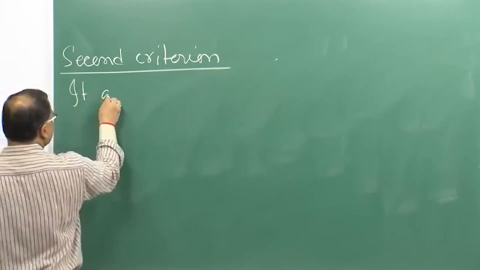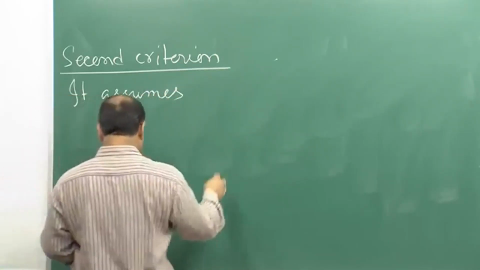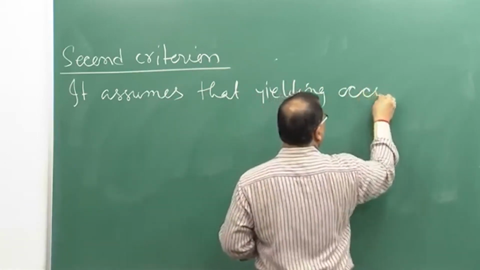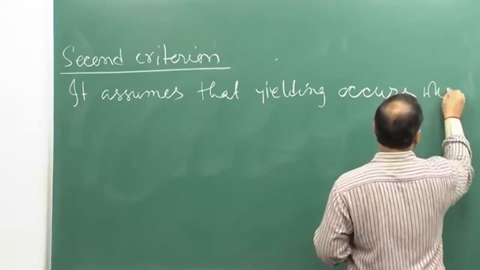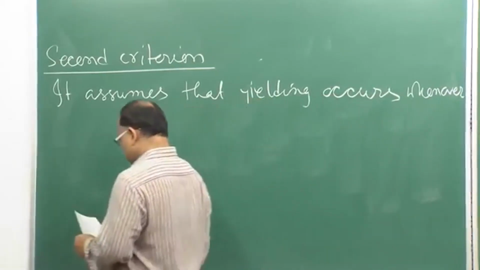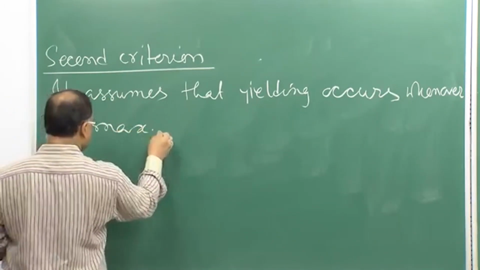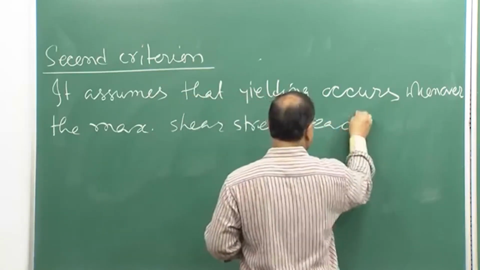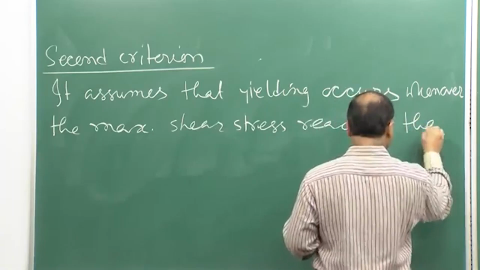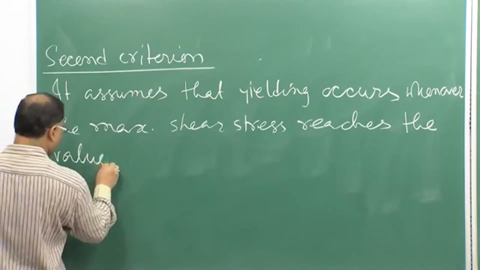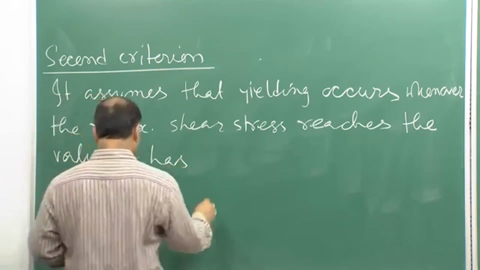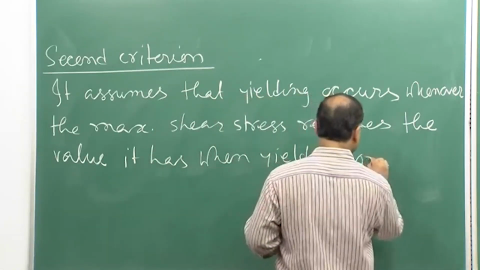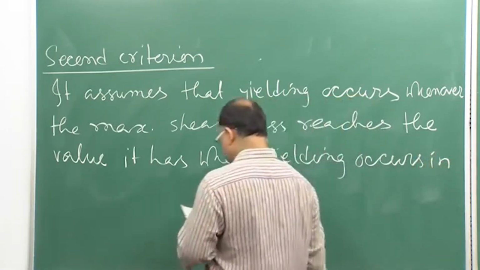it assumes that yielding occurs whenever the maximum shear stress reaches the value it has when yielding occurs in the tensile test.